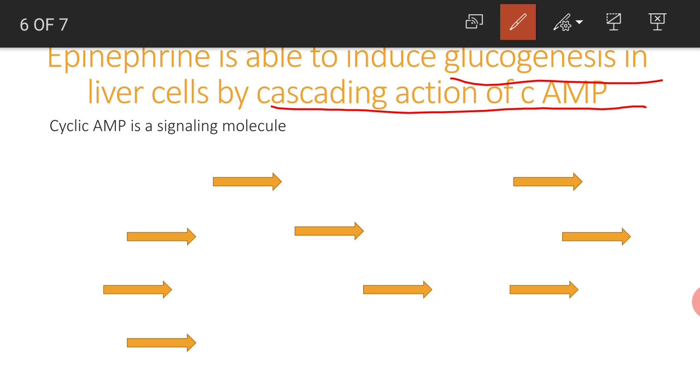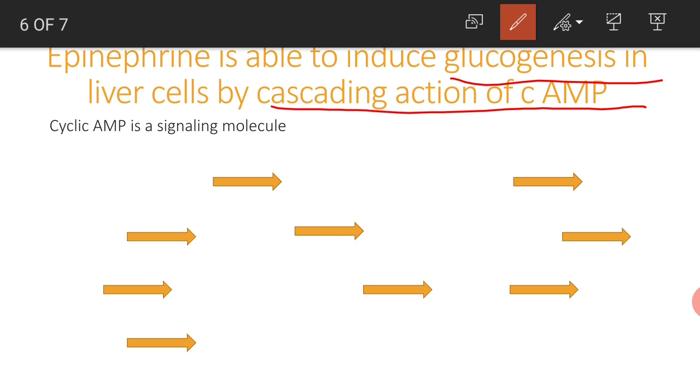What I told is epinephrine is a hydrophilic hormone that binds to a membrane protein receptor, namely G protein, which in turn stimulates guanosine triphosphate, which activates adenylate cyclase, and adenylate cyclase generates cyclic AMP. And cyclic AMP is a signaling molecule, that is, it is a secondary messenger which stimulates protein kinase A.